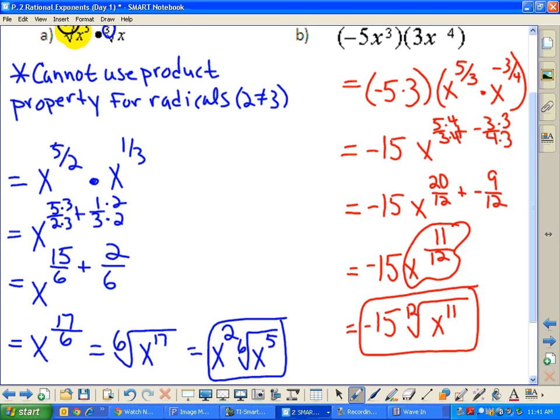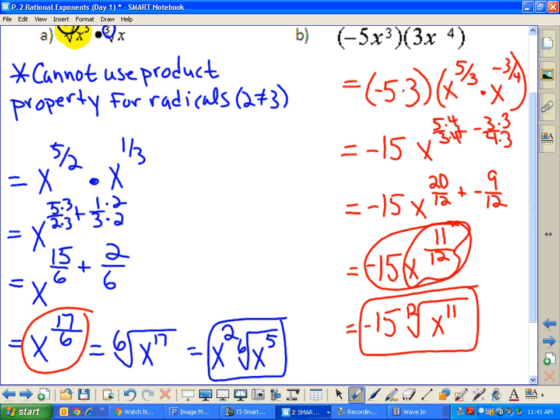To be completely honest with you, not holding any secrets back, this answer right here is also an acceptable response. Just like over here, x to the 17/6 would be an acceptable response. You can have fractional exponents. I just have to go one more step in these problems because that's what the directions requested.